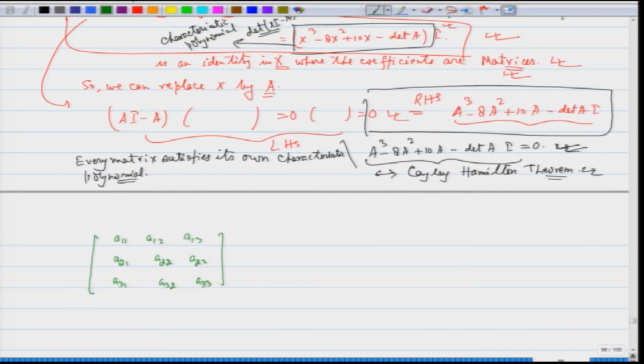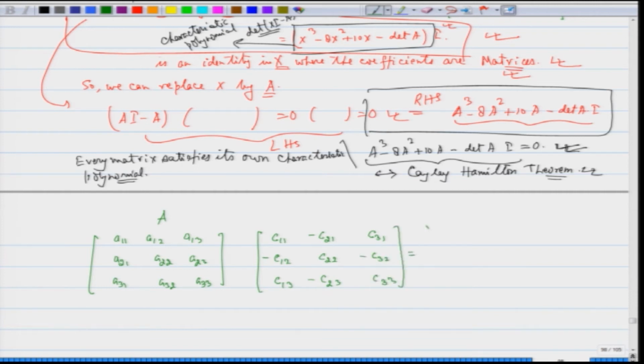This is my A. Now, when I am looking at the adjoint, what I have is C11, then C12, C13, then C21, C22, C23, C31, C32, C33.